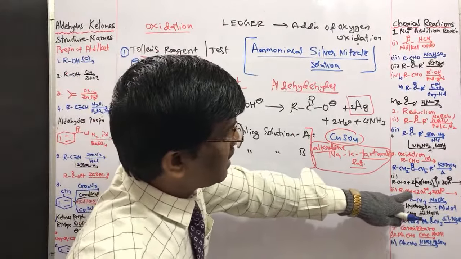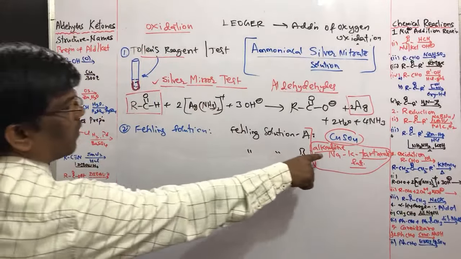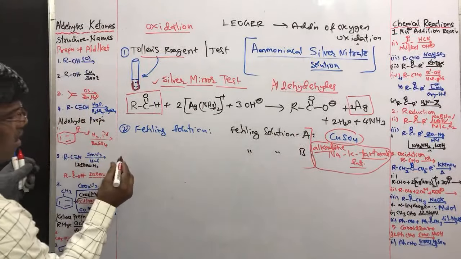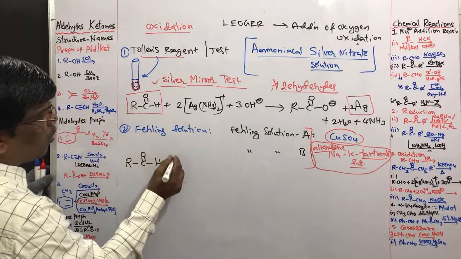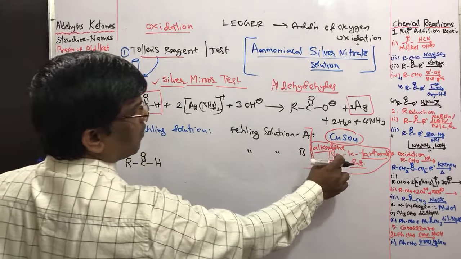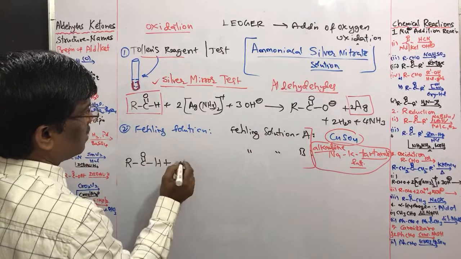That Fehling's solution is going to have copper 2 plus ions and base from this alkaline solution, where aldehydes give a colored compound. That color comes from copper. So it is a color test.